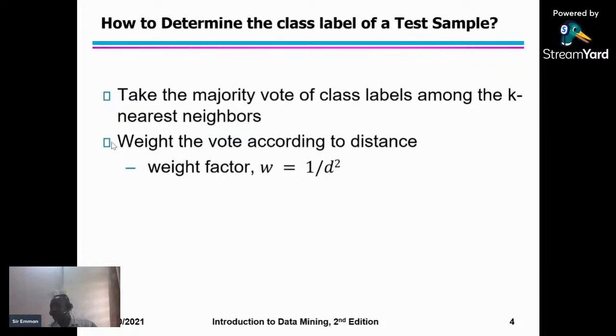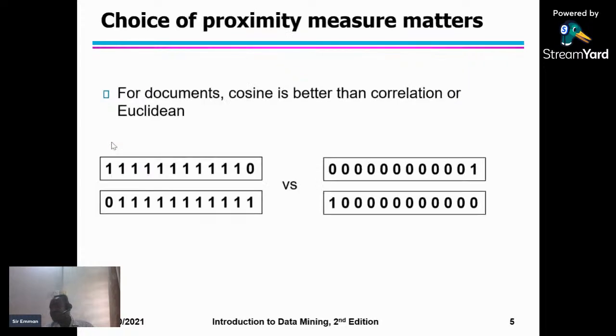Now, we take the majority vote of the class label among the KNN, the k nearest neighbors, and then weight the vote according to the distance. So the calculation, as you see, is w equals 1 over d squared. For documents, cosine similarity is better than Euclidean distance.